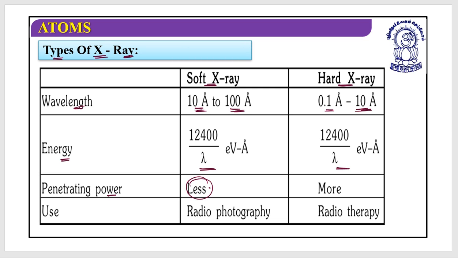While hard X-rays have a lower wavelength, their penetrating power would be higher. Soft X-rays can be used in radiography, while hard X-rays can be used in radiotherapy.